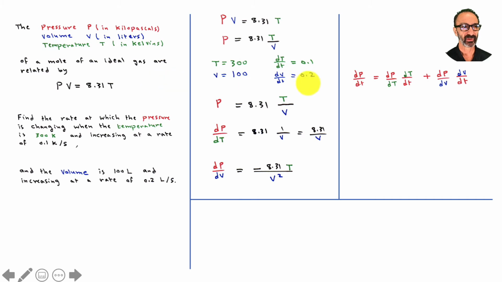Now dP/dt is dP/dT times dT/dt plus dP/dV times dV/dt.